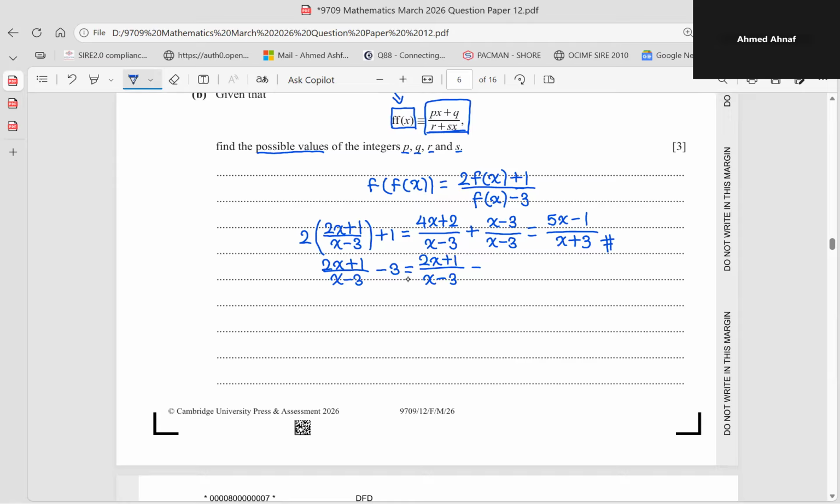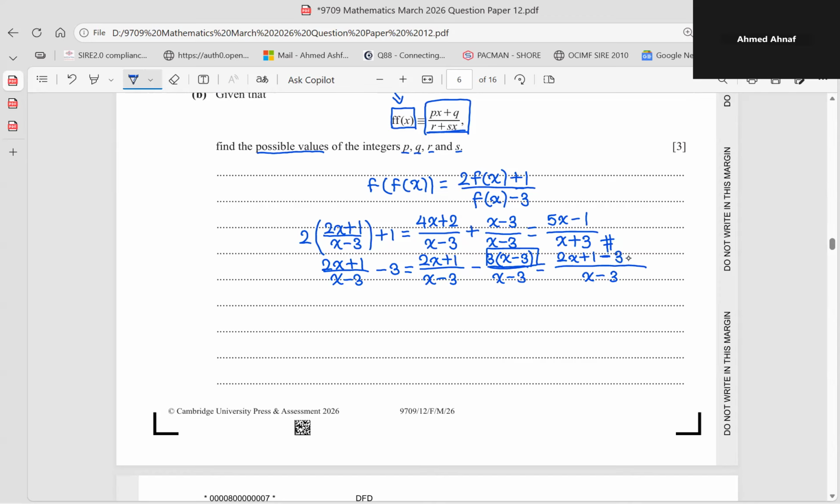Just make the denominator of 3 equal to x minus 3. So x minus 3 over 3 times x minus 3. So x minus 3, 2x plus 1 minus, simplify this by expanding it. So 3x minus 9.